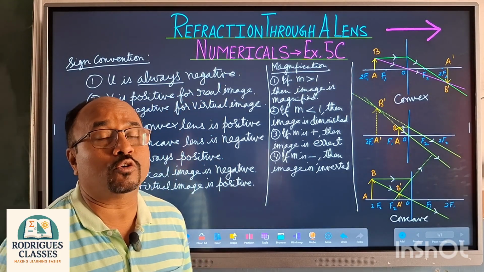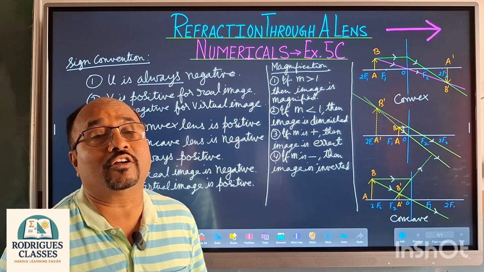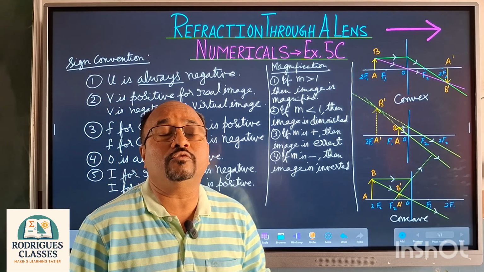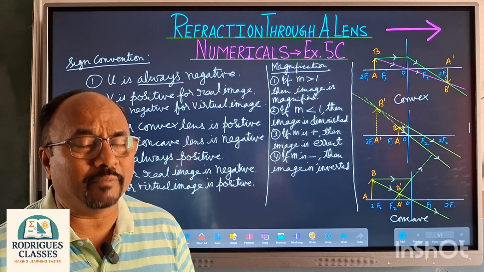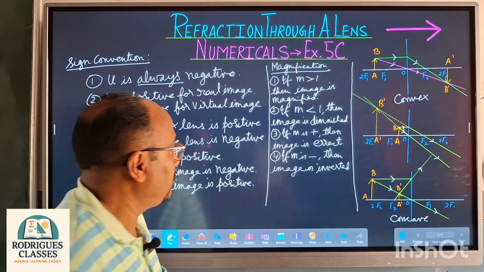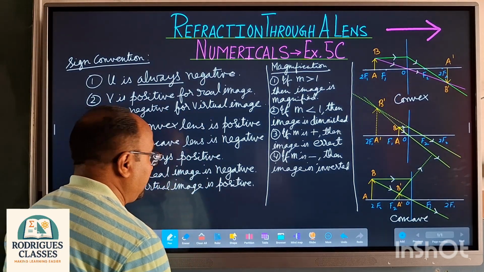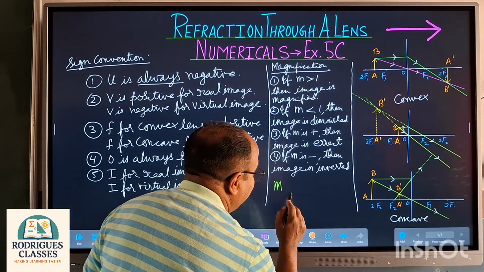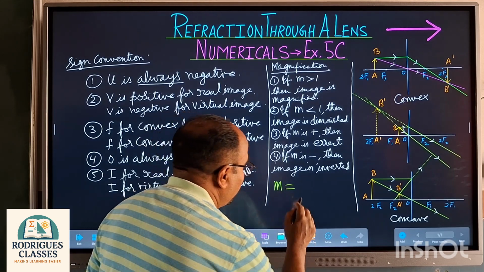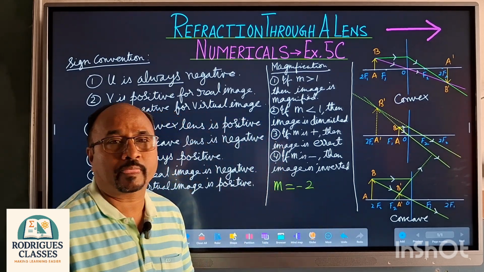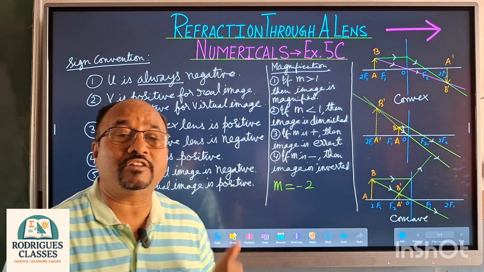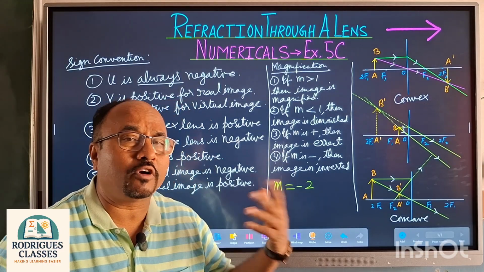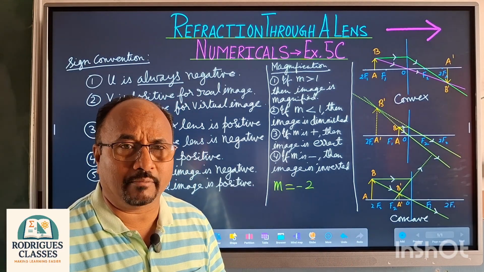Now, just to check whether your understanding is clear or not, think you go to find the magnification in a numerical and you get the calculated value as -2. So if the magnification value comes as -2, what information will you get about the image?